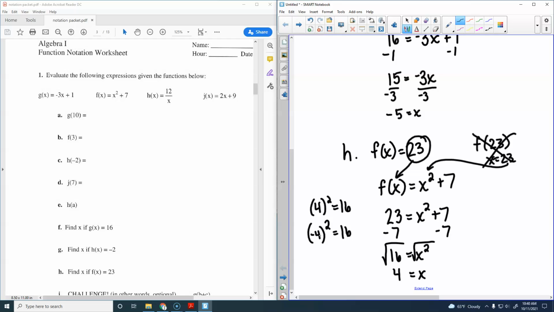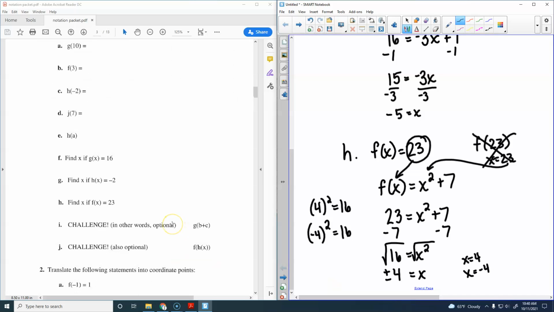This is something I'm not going to have you do extensively. Eventually you'll have to know how to do this, but it's going to be later on. Whenever you take the square root of both sides, you do want to put a plus or minus, because this could be x equals +4 or x equals -4. But that's just sort of a bonus. Don't worry about that too much right now.